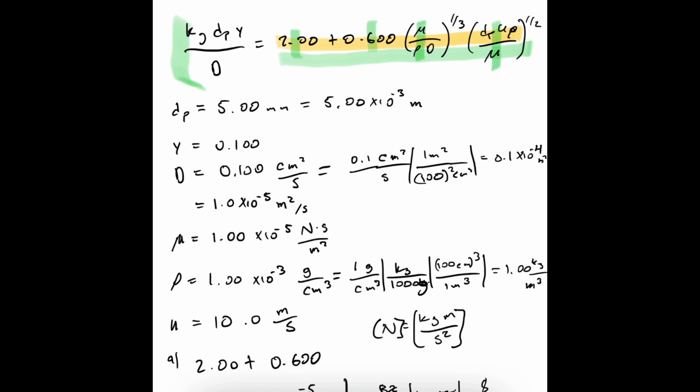Then each term in this sequence, I'll number them off. This is term 1, term 2, and then all of this is term 3. If term 1 is dimensionless and term 3 is dimensionless, in order to add them together, each thing has to have the same dimensions.